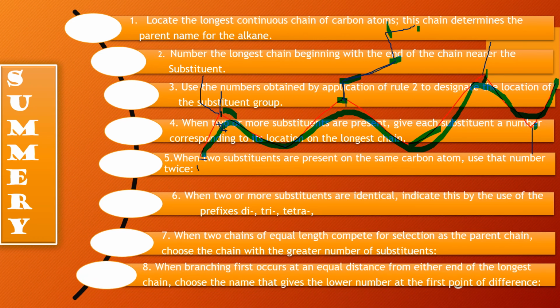So if there are more substituents, we will select that chain. And the last point is when branching first occurs at an equal distance from either end of the longest chain, choose the name that gives the lower number at the first point of difference.